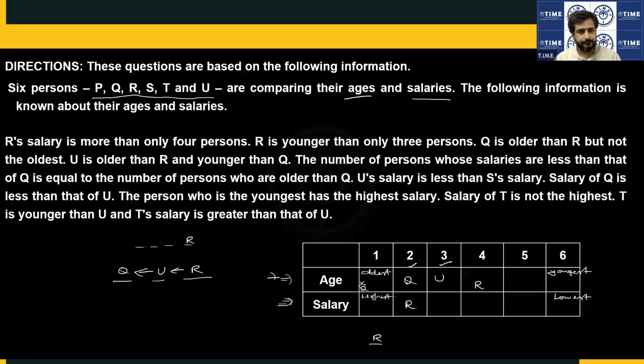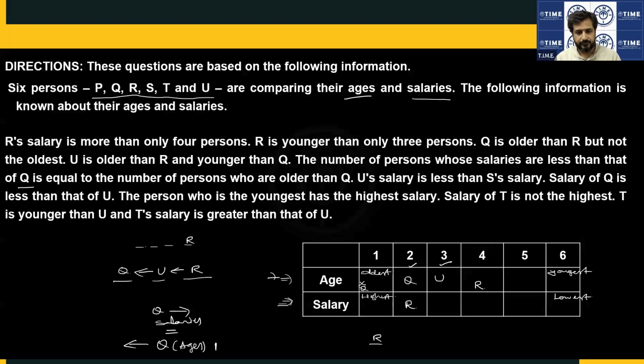Q, U, R. Next, the number of persons whose salaries are less than that of Q is equal to the number of persons who are older than Q. So how many are older than Q?